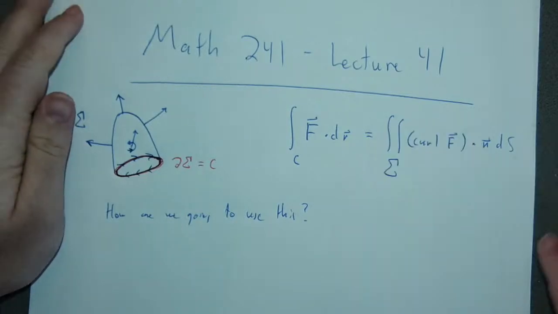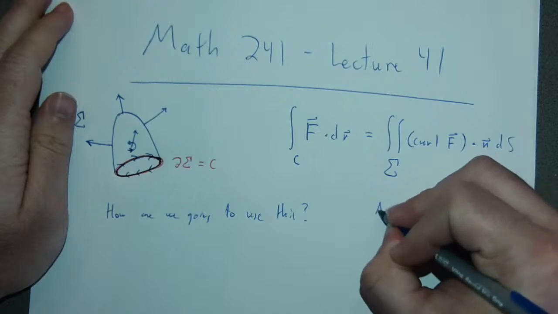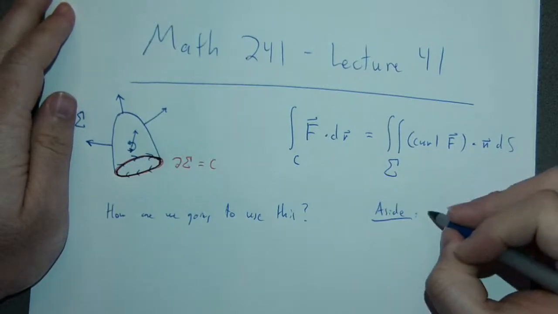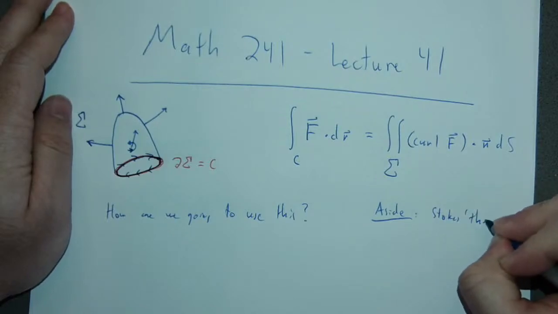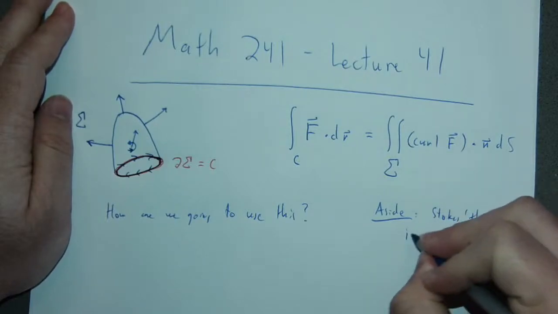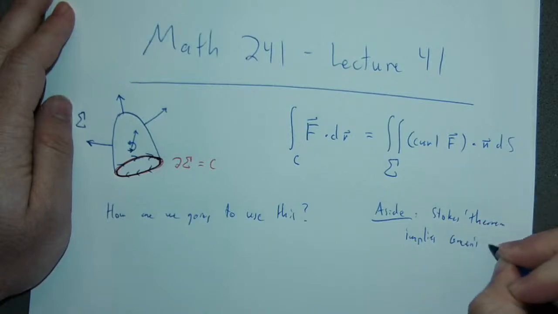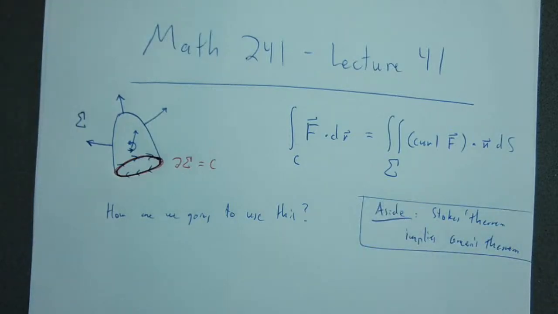In fact, here's an aside. Stokes' theorem in this way implies Green's theorem. Okay, so why does Stokes' theorem imply Green's theorem?